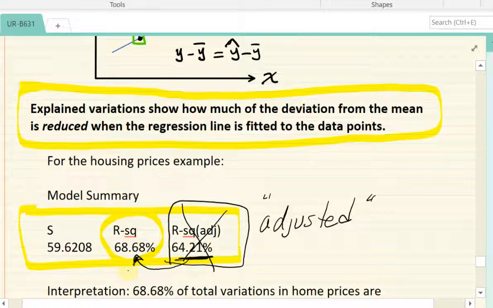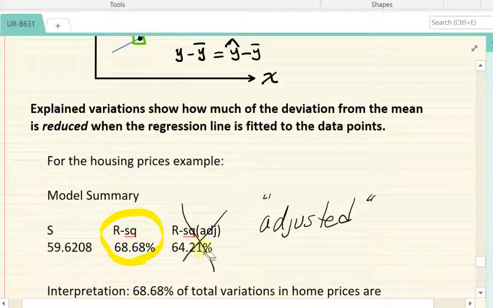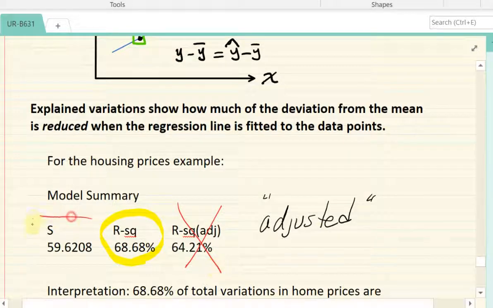So for what we're doing right now, do not worry about R squared adjusted, because we're not working with that. Ignore that, just focus on R squared. What is this S? I'll explain that in the end. That's the last thing we do, is tell you what that is.